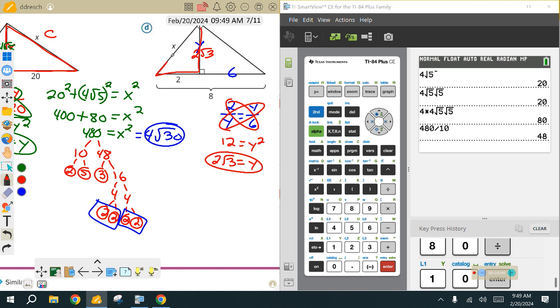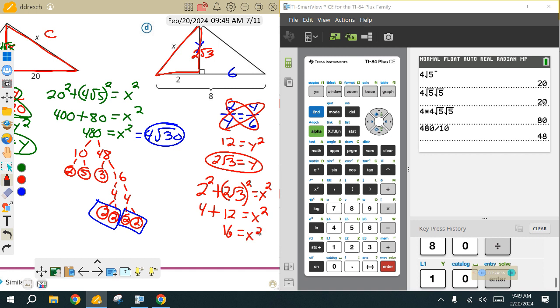And in that right triangle on the left, not x squared, I'm sorry, 2 squared plus 2 root 3 squared equals x squared. Yup. 4 plus 12 is what? 16?